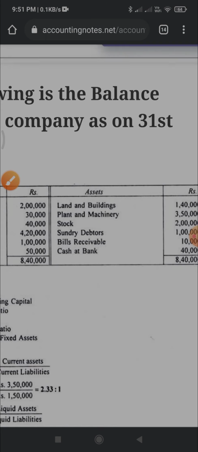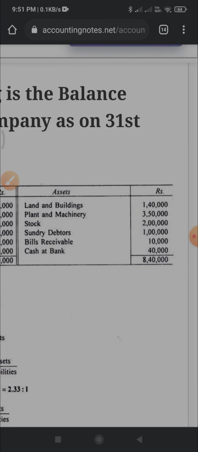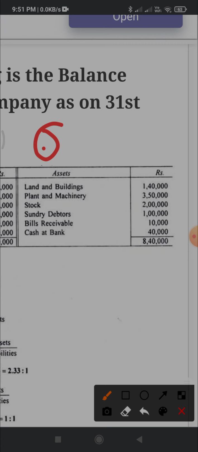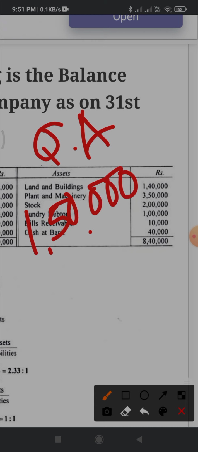Now what is the total? Debtors total is 1 lakh, bills receivable is 10,000, and cash at bank is 40,000. So quick assets total is 1,50,000.